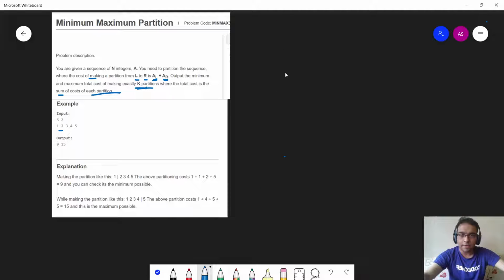Okay, now let's see how we can approach this problem. To decide our approach, let us consider the example test case. We have 5, 2, and we have 1, 2, 3, 4, 5. One thing is fairly obvious: irrespective of whatever partitions we make, our answer will always include the first element as well as the last element. Consider these are my partitions.